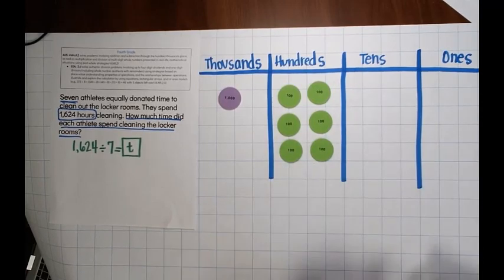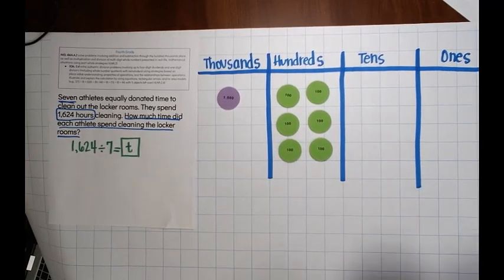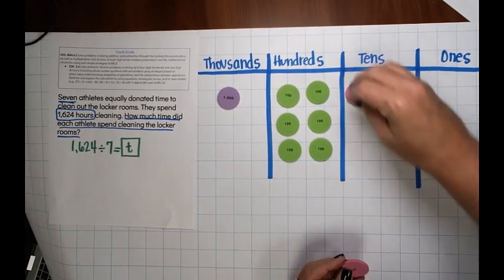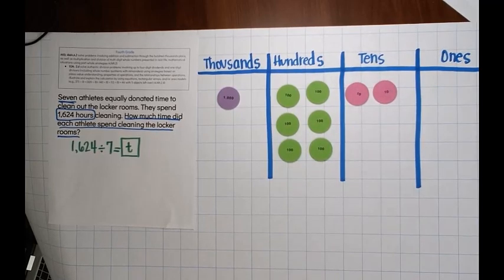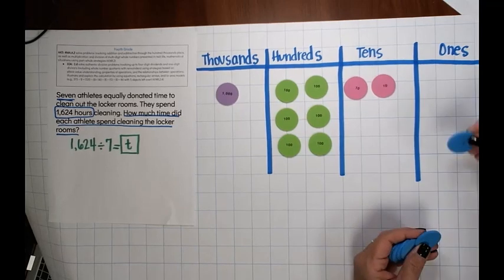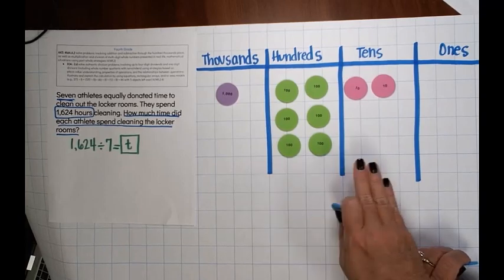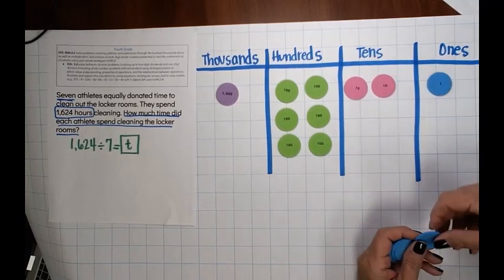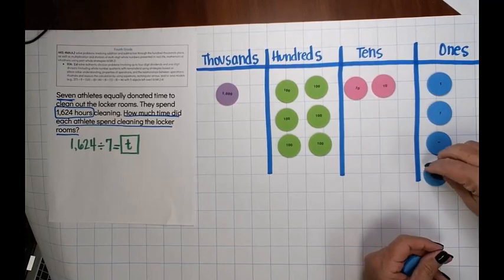Okay, 1,620 and 24. 4 more. And so 1,620, 1, 2, 3, 4.